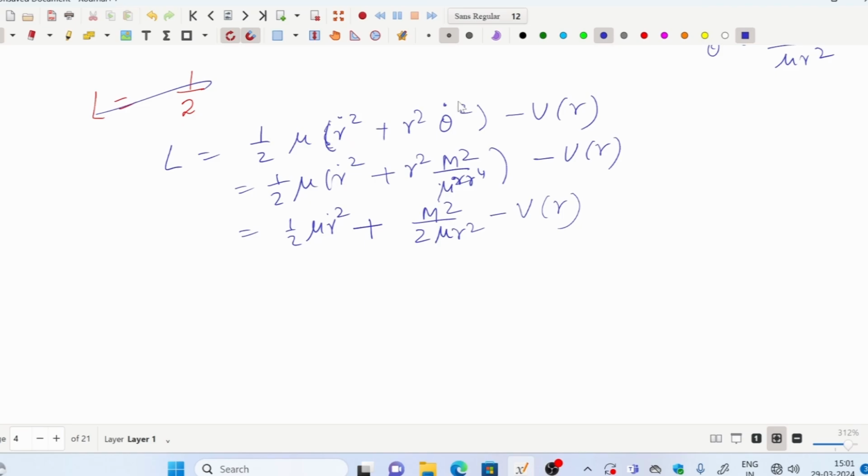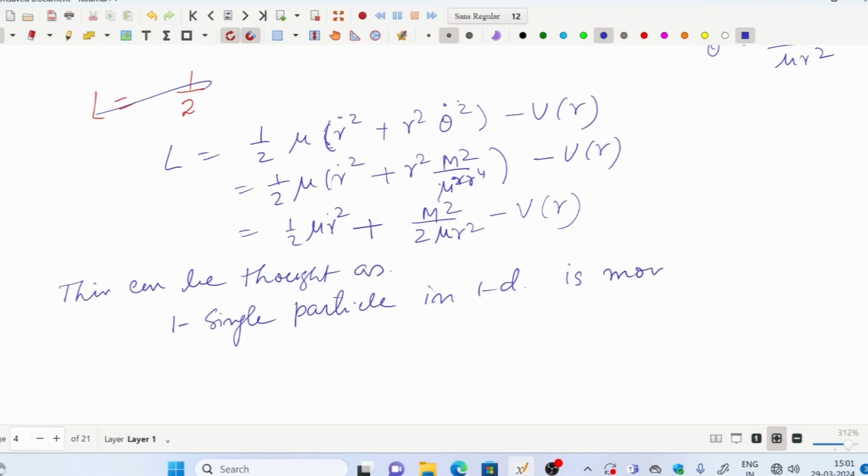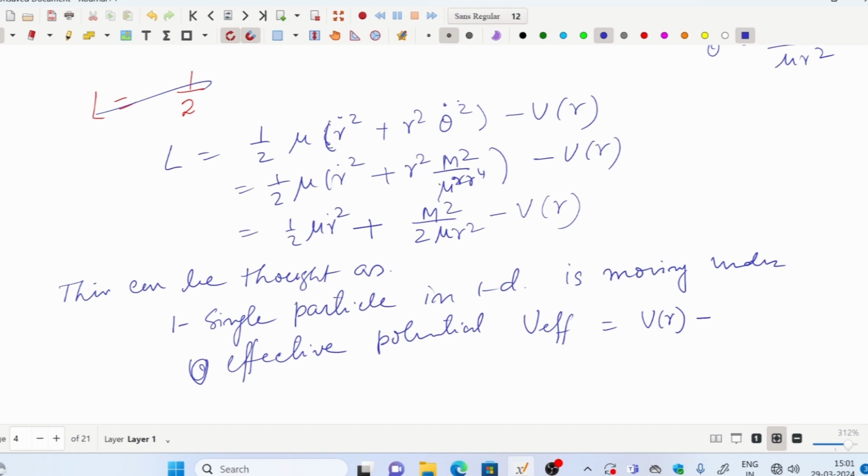Think of this as a single particle in one dimension moving under an effective potential. Just a moment, there is a sign problem.